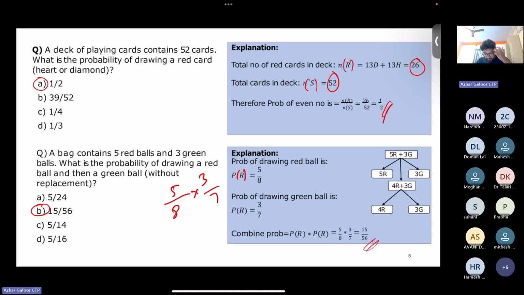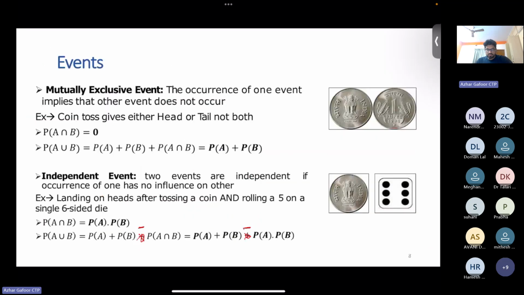Okay, so let's take this example: five red balls and three green balls. Let's see how we can explain dependence with that example. In our question, it was given we have five red balls, three green balls.